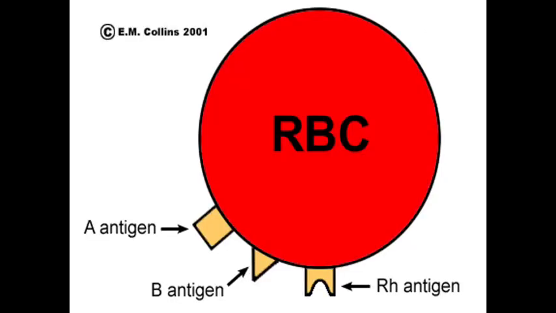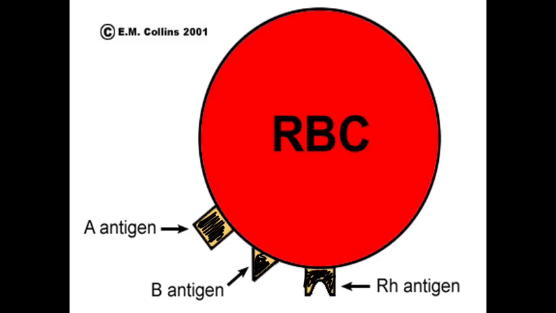So in this slide, you're looking at a cartoon of a red blood cell. And on the surface of this red blood cell, this square structure represents the A antigen. This triangle represents the B antigen. And this little Lincoln log piece right here represents the Rh antigen.